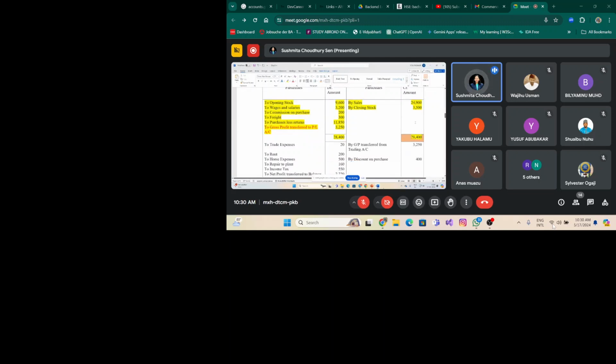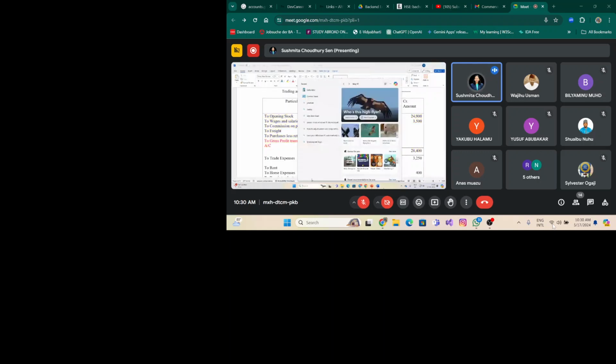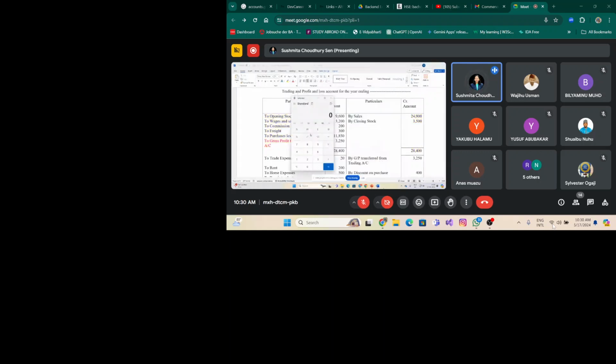So here again we can see the right hand side total is the maximum, 24,900. I can show it with a calculator also. 24,900 plus 3,500 is equal to 28,400. This is the maximum total. So we have mentioned it on both sides.